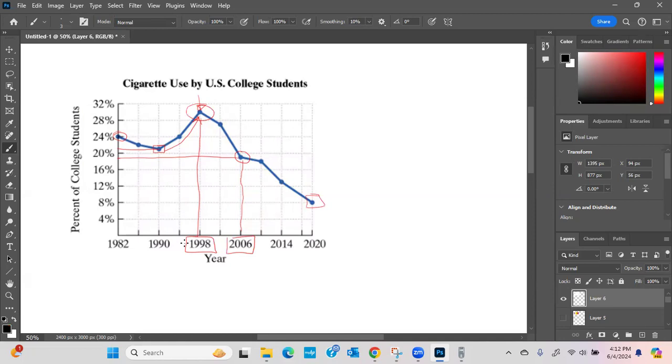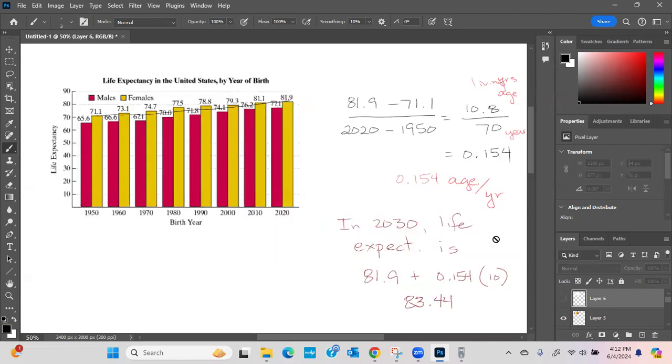So one of the things we will do, and we kind of did it with the earlier one, was figure out a mathematical model that will highlight what is going on. And if I come back to this life expectancy graph, I can share with you that the book gives us a mathematical model for life expectancy, hence the E, of males.